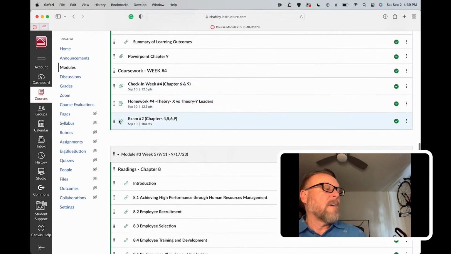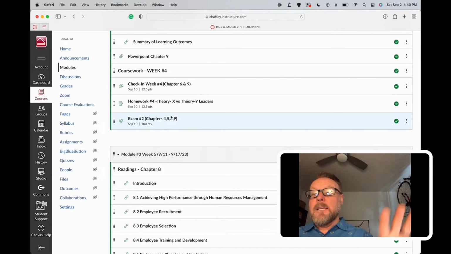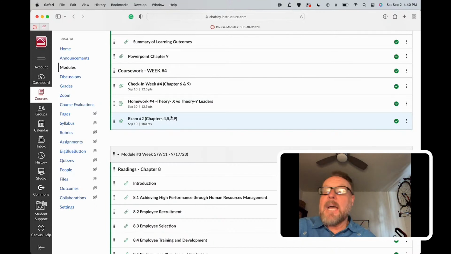Then, of course, you have homework number 4, which is a survey or an assessment that you're going to take about different kinds of leaders. There are theory X leaders and theory Y leaders, and you're going to be looking at that in the book, by the way. That's one of the theories of motivation in chapter 9. You're going to be taking an assessment of what kind of leader you would be. Would you be theory X or theory Y?